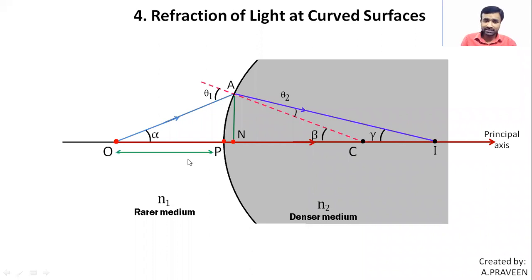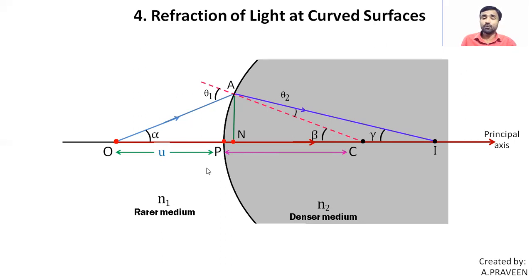Right. Now I am taking the distances between O and P. Any distance measured from the pole to the object is called the object distance. We are representing the object distance by U. So the distance between pole and the object is object distance, represented by U. Then I'm measuring the distance between pole and the center of curvature.